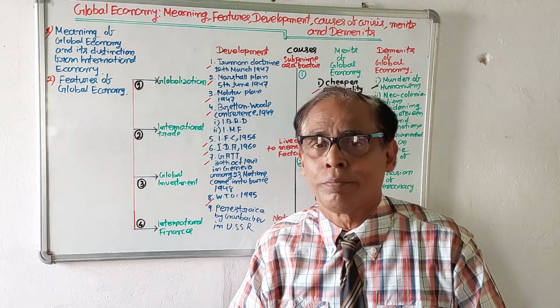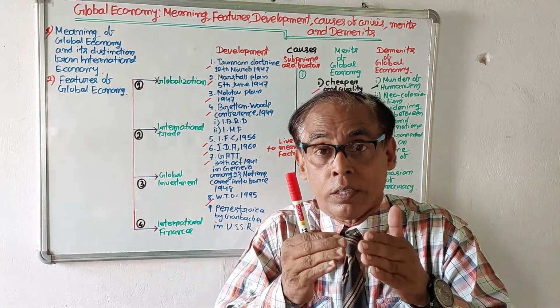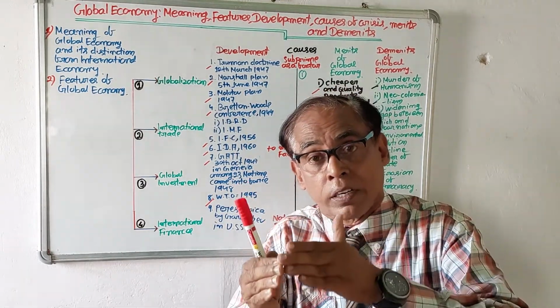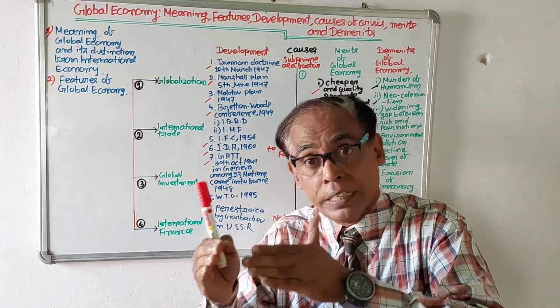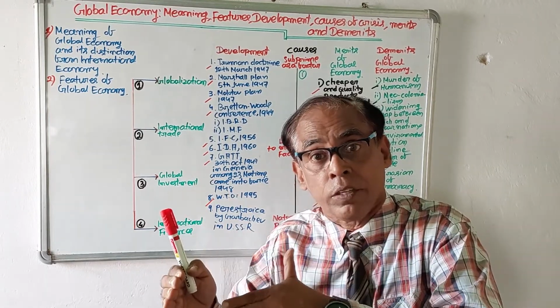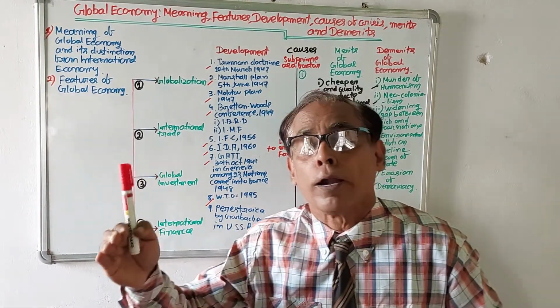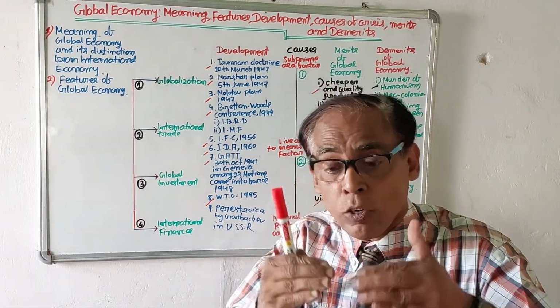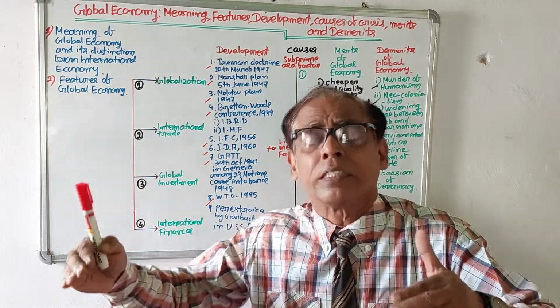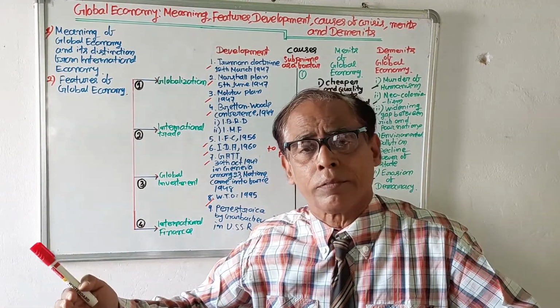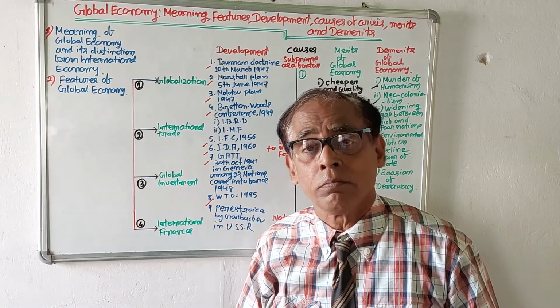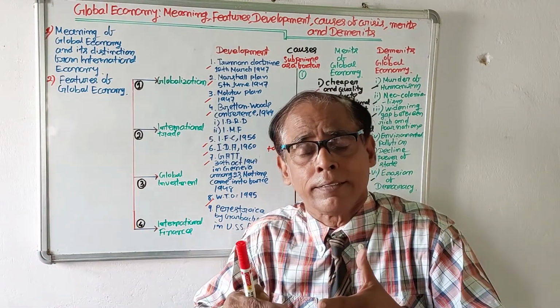Globalization means the economy of a country, its region, its culture, its trade will be linked with all the nations of the world. A nation will be linked with all nations. It is globalization. In globalization, all nations will be interlinked.